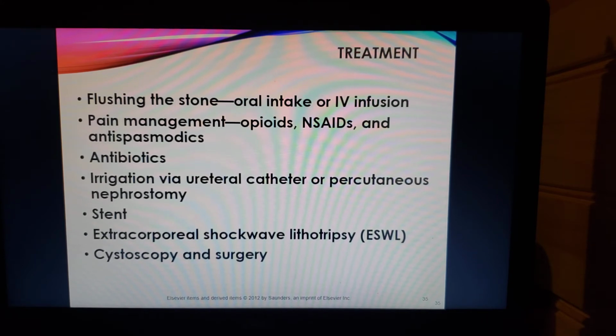We can irrigate the urethral catheters if they are present per the physician's order. They may place a stent, depending on the variables of the situation, or they may do lithotripsy.